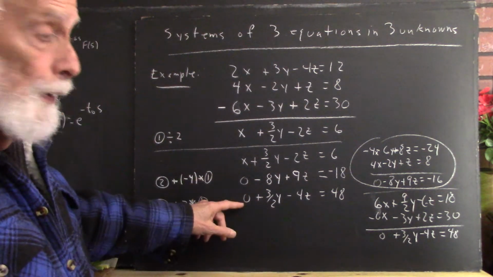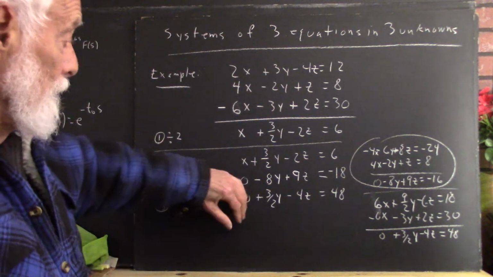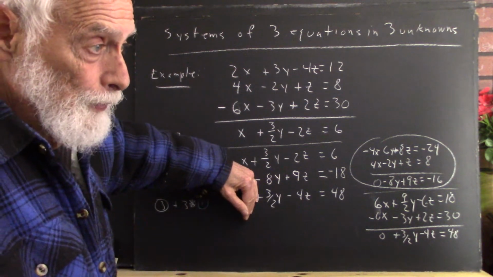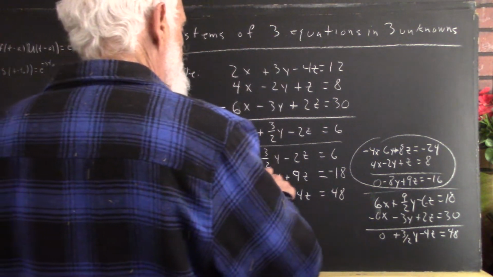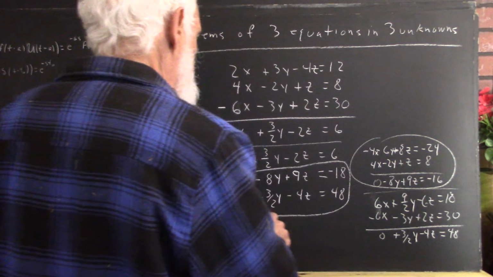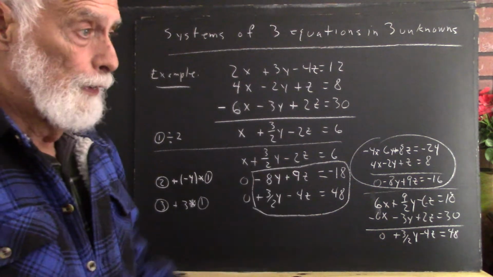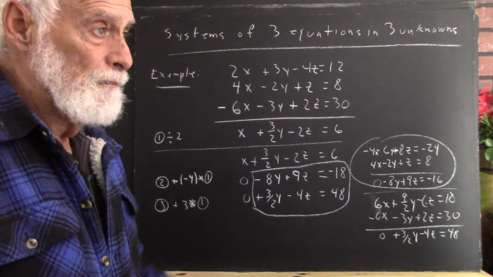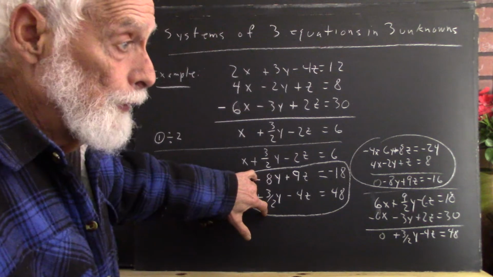Now these zeros here can be left off. With or without the zeros, it's the same thing. So look at what I have. I have this, and now I have 2 equations and 2 unknowns. So I've reduced 3 equations and 3 unknowns to 2 equations and 2 unknowns.